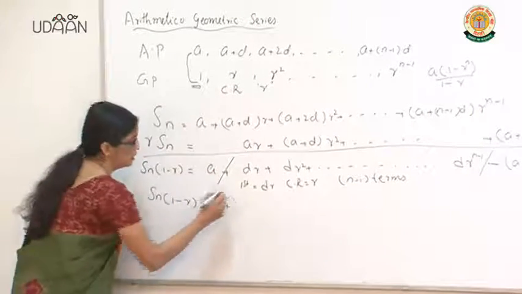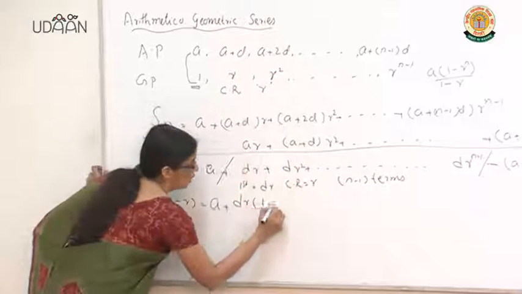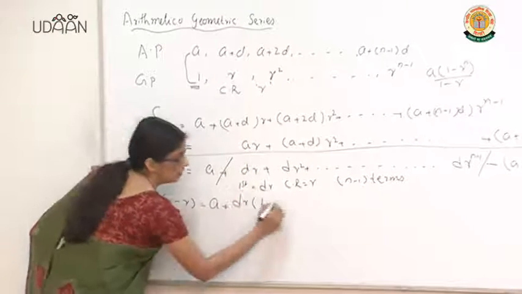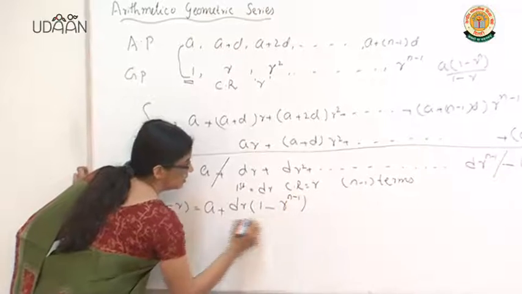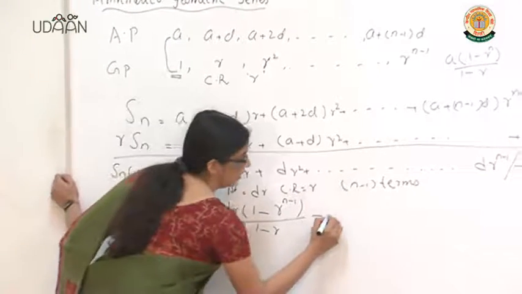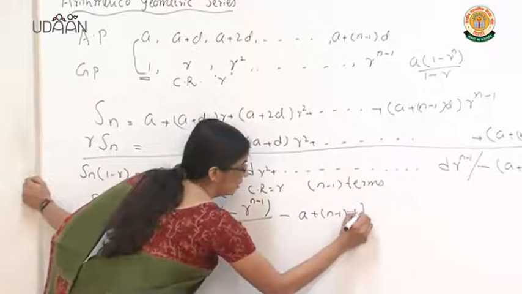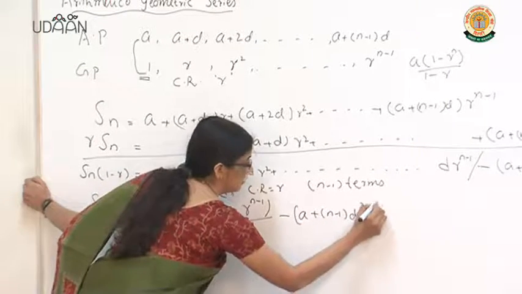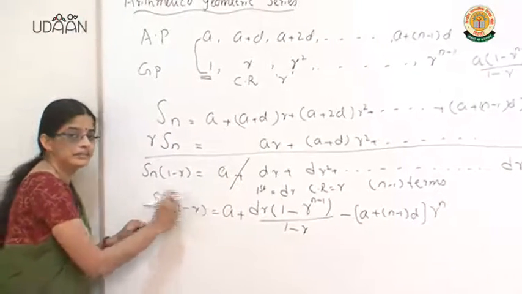Putting the formula here, dr into 1 minus common ratio r power n minus 1 divided by 1 minus r, then minus a plus n minus 1 d into r power n. This is Sn into 1 minus r.